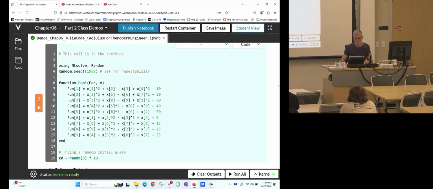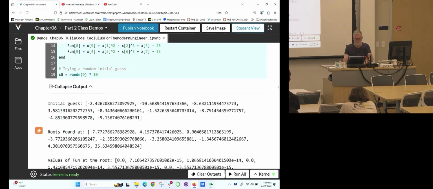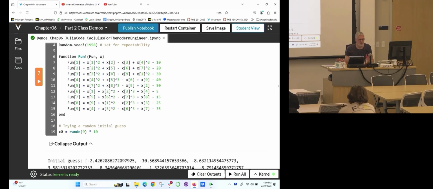Here's a much bigger problem. It's got 9 unknowns and 9 components of the function. I can't make a plot of this, okay? I'd have to go in 9-dimensional space and do intersections of 8-dimensional surfaces to find one or more points, okay?